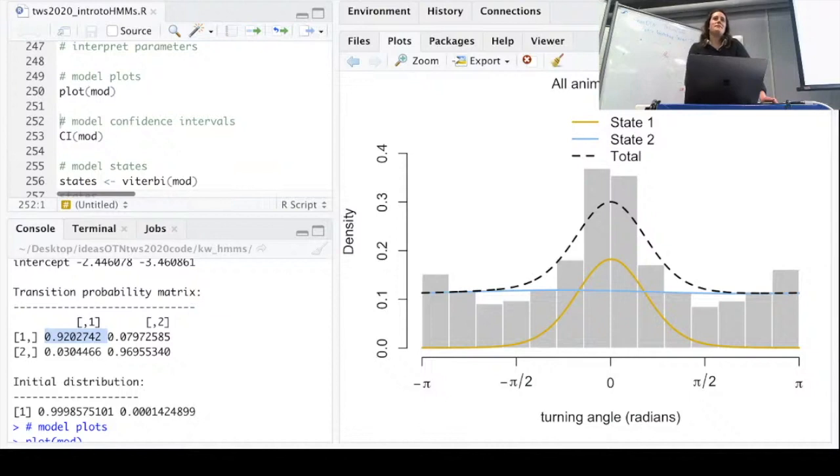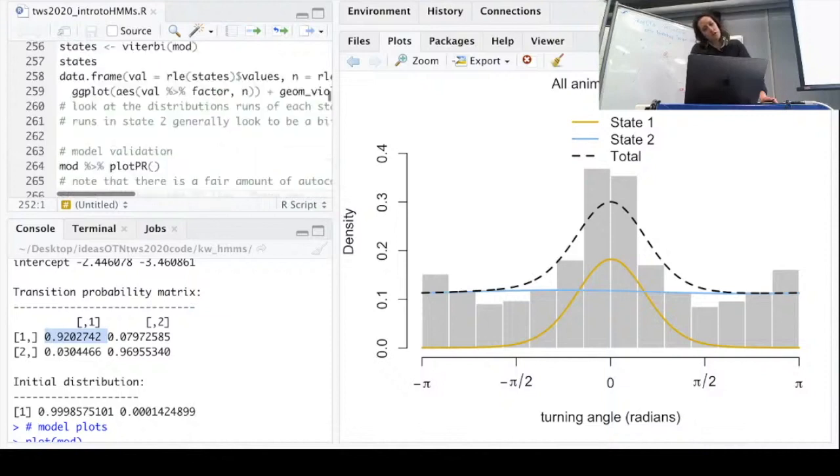Okay, Nathan? What would suggest that you have 3 states? A lot of that is probably just how you want to interpret your data and what you want to look for.